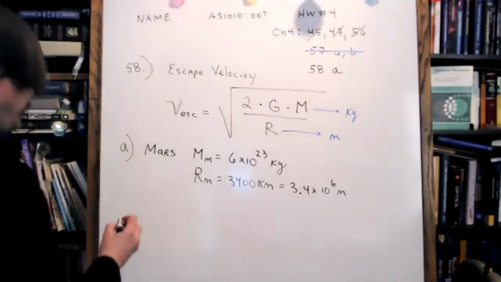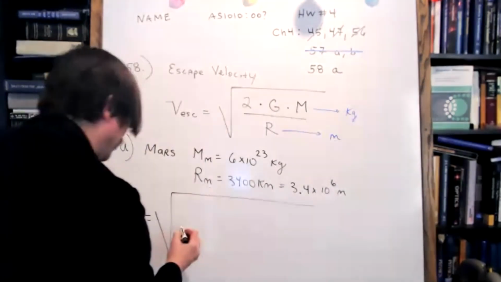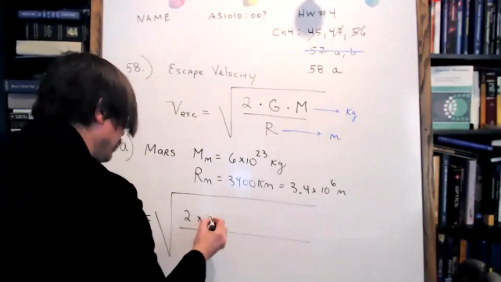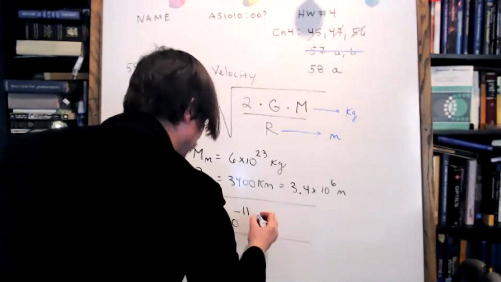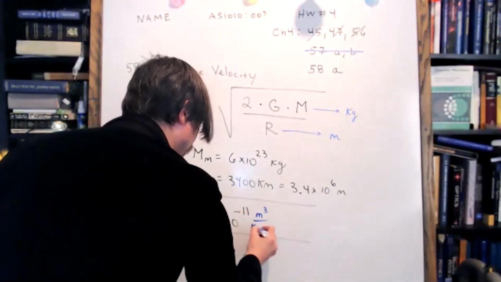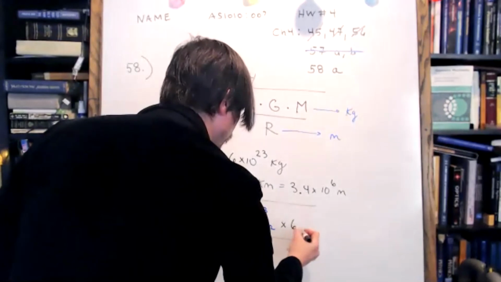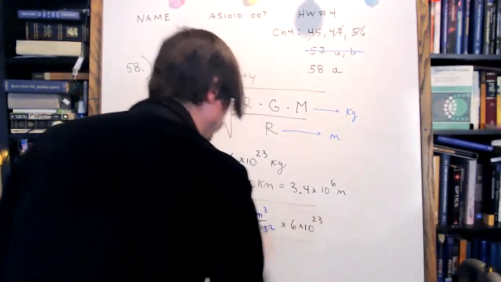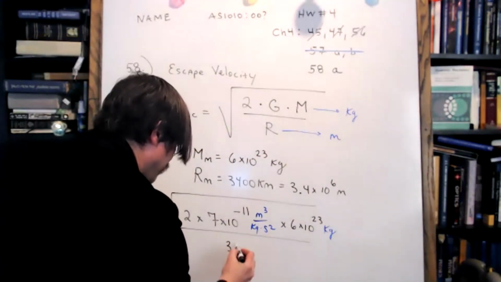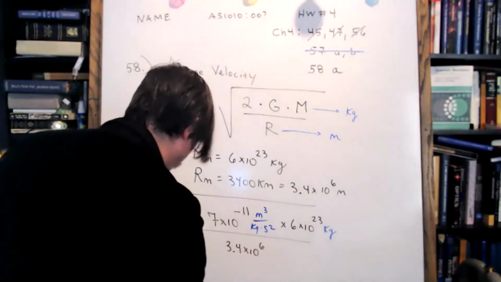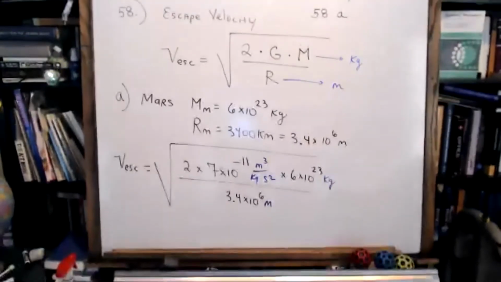That means we could quickly calculate the escape velocity of Mars by doing the square root of 2 times G, 7 times 10 to the minus 11 meters cubed per kilogram per second squared, times the mass of Mars, 6 times 10 to the 23 kilograms, divided by the radius in meters, 3.4 million meters, and then hit equals and then square root. Go ahead and punch that up and get me an answer.